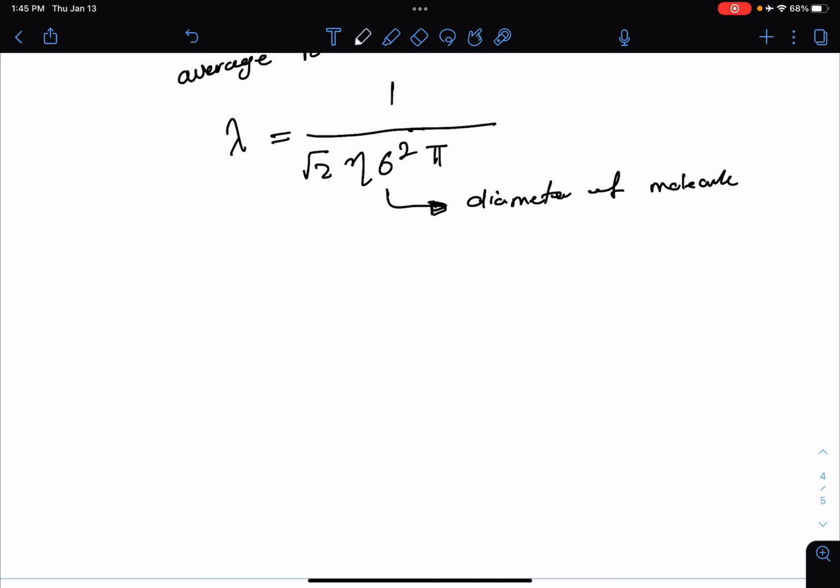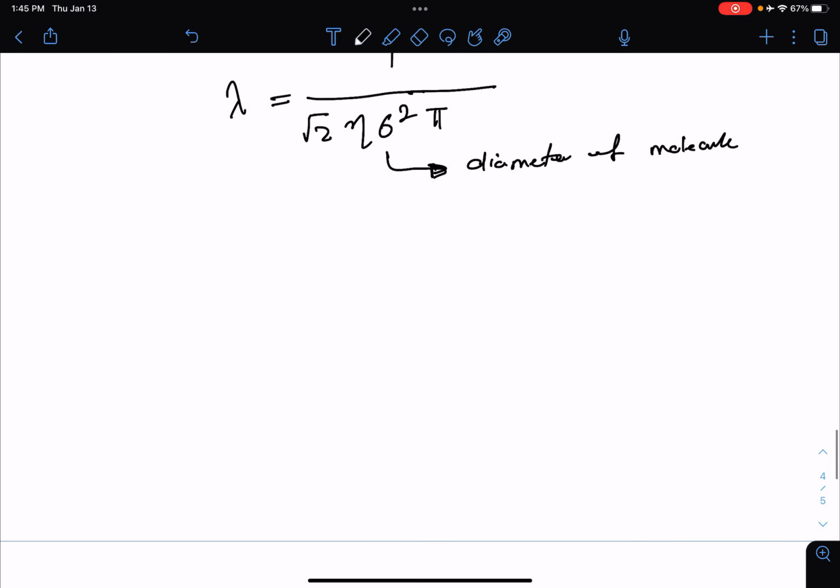But before moving on, let me see if anyone in class has any idea about the diameter of a molecule. How can we measure the diameter of a molecule? Does anyone know?